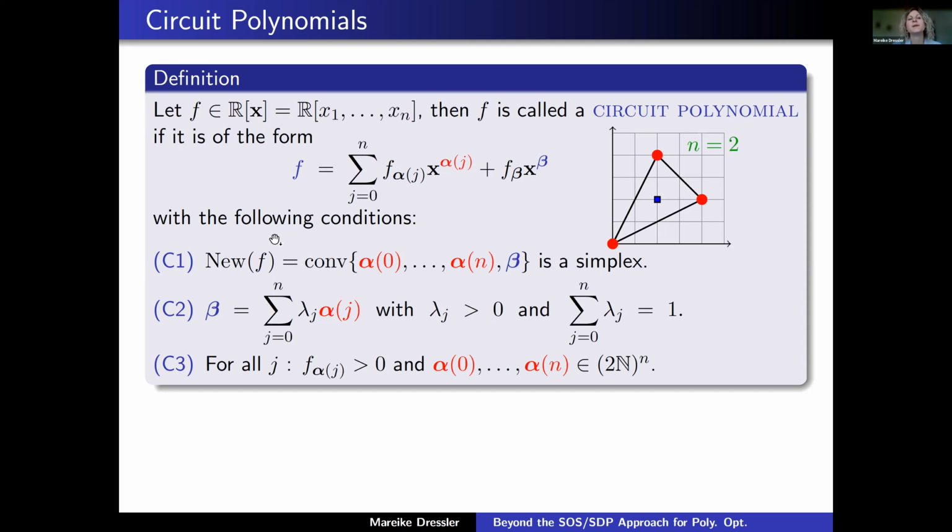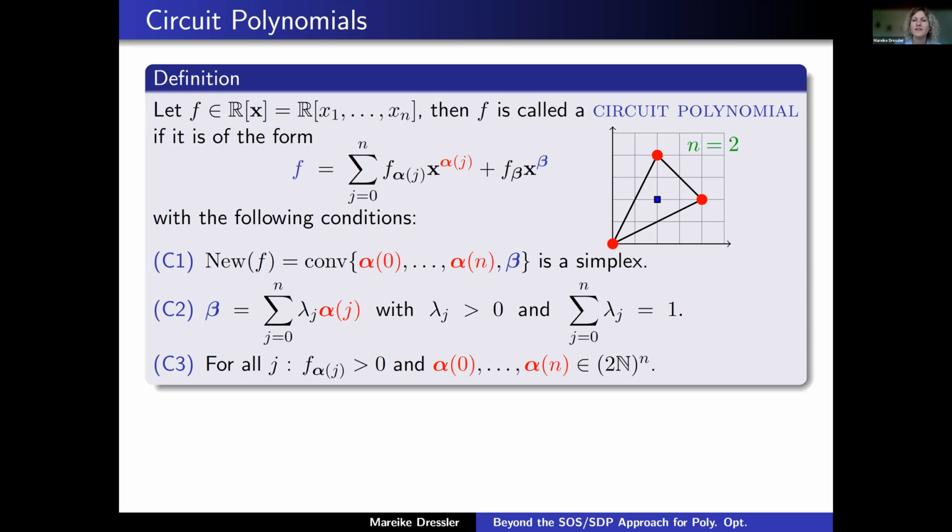Firstly, the Newton polytope of such a polynomial, which is just the convex hull of the support, so the convex hull of these alpha j and this beta, is supposed to form a simplex. In 2 dimensions, this is clearly a triangle. So this is the Newton polytope, and you see it forms a triangle.